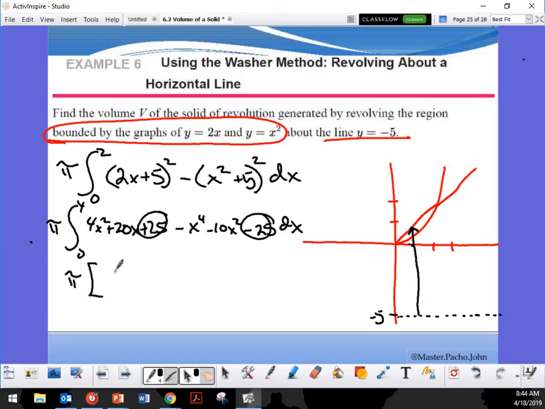Let me get 4x cubed over 3 plus 10x squared minus x to the fifth over 5 minus 10x cubed over 3 from 0 to 4. 4. 2.